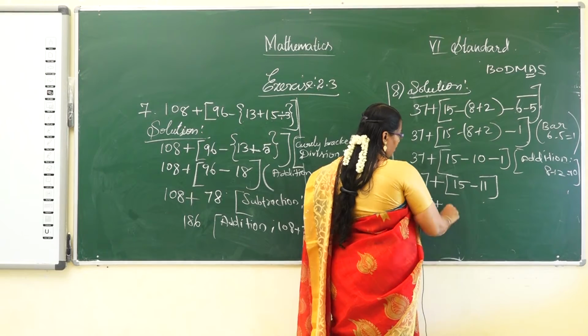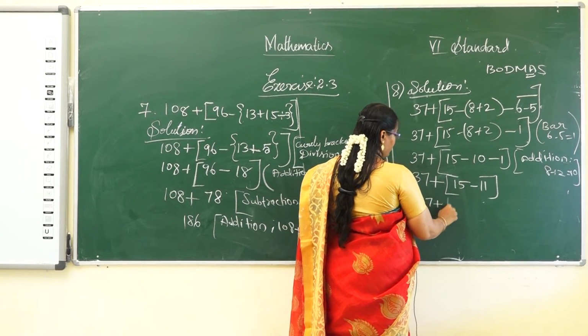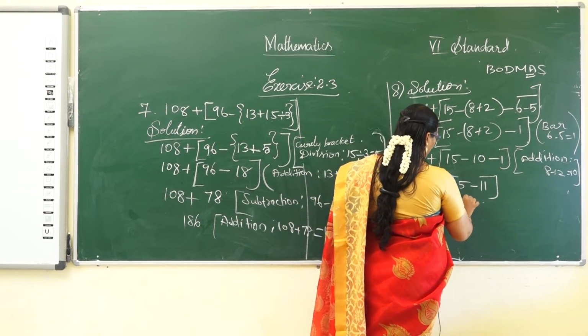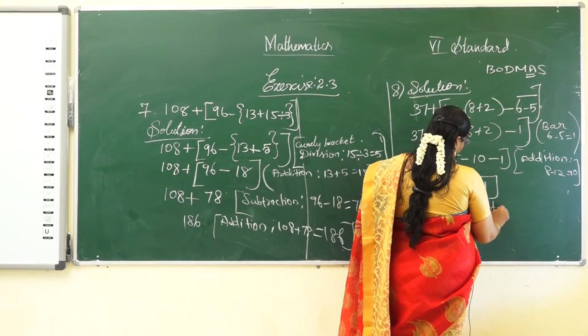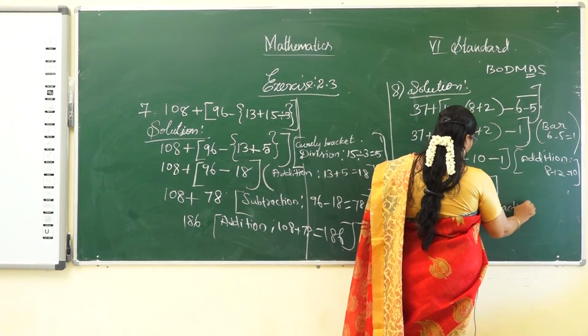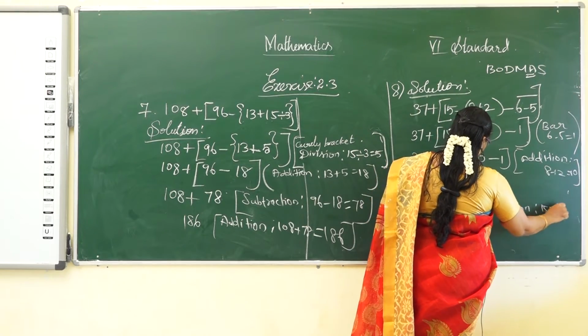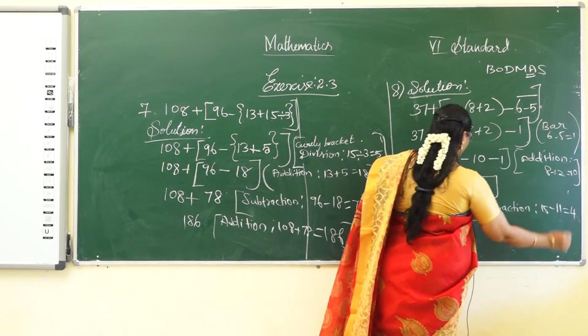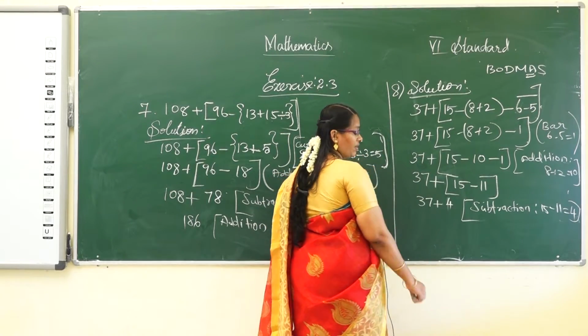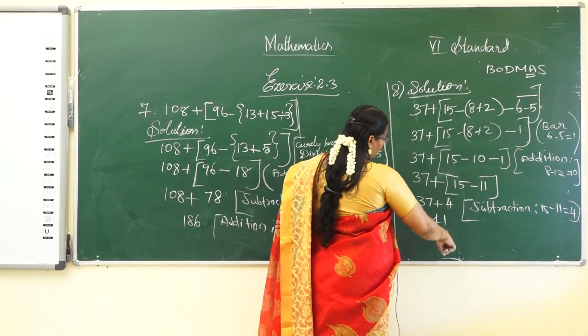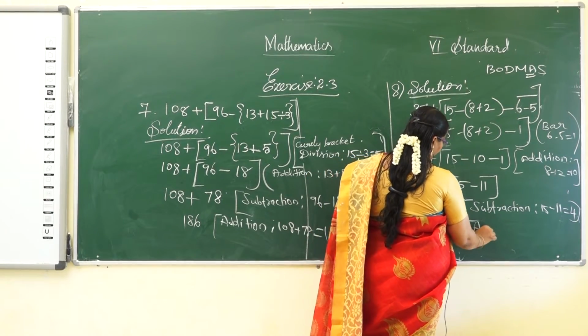What is the value? 4. Here write subtraction: 15 minus 11 is equal to 4. Okay. Now add these two values, 37 plus 4, 41. Here write addition.